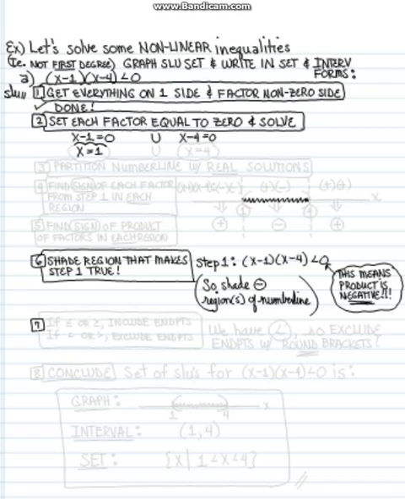So that other one gives us x equals 4. So we have two values, x equals positive 1 and x equals positive 4. Those are called our critical values. We got them by taking the factored form of the inequality, setting each of the factors equal to 0, and solving. Now we're going to use those critical numbers to partition a number line.